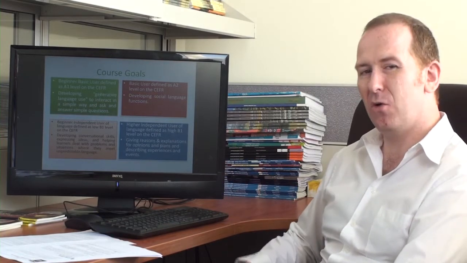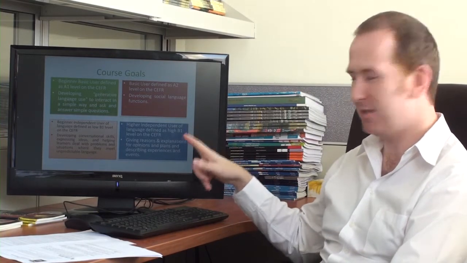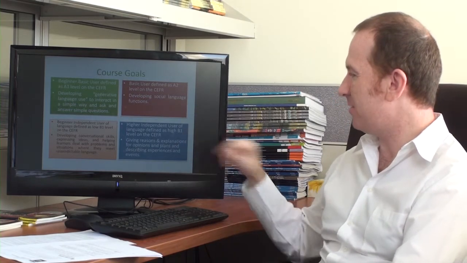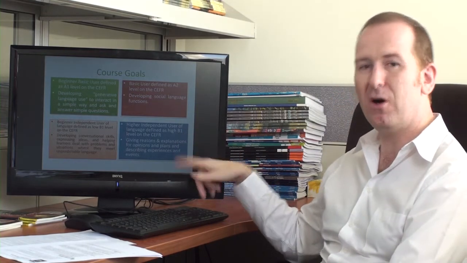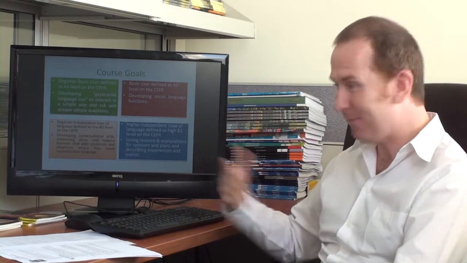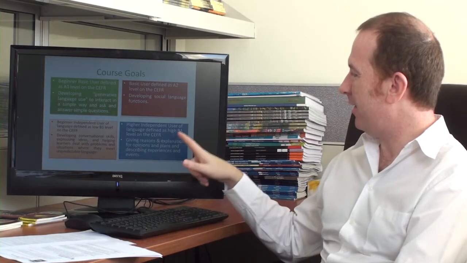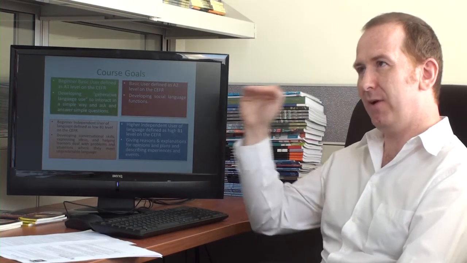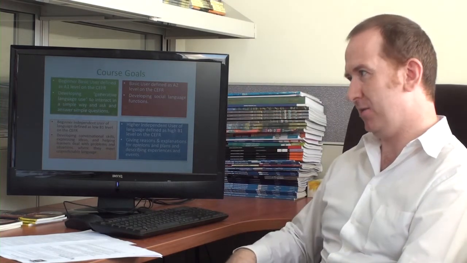104, the intermediate course book, using Headway Intermediate. The learners, by the end of 104 and by the end of the foundation year, should be higher independent users of language. So they should be at the top end of the B1 band on the CEFR.